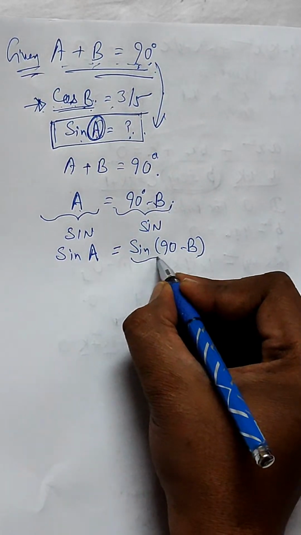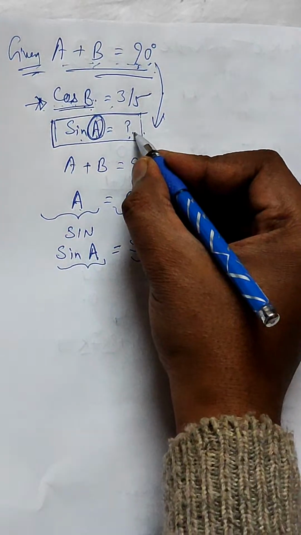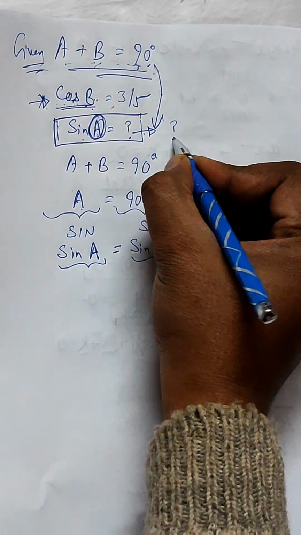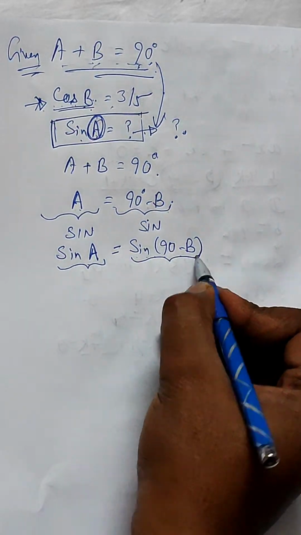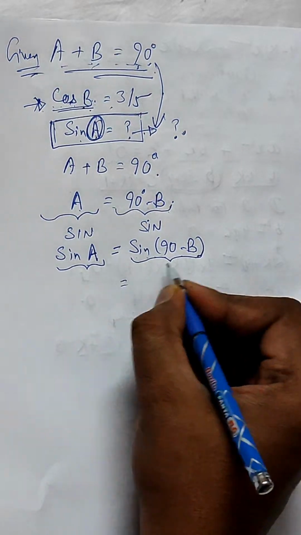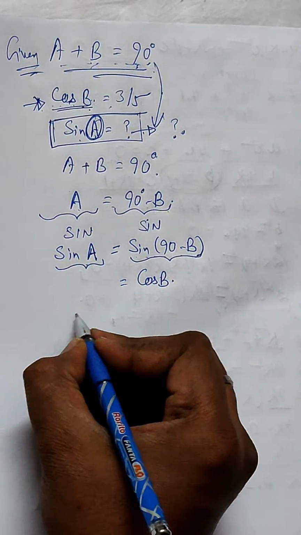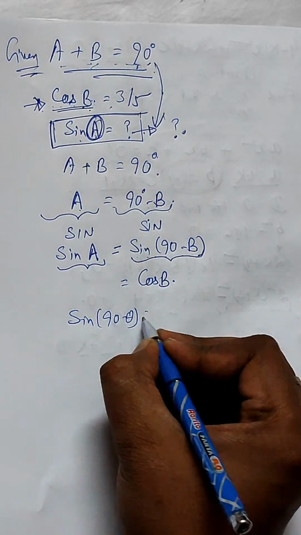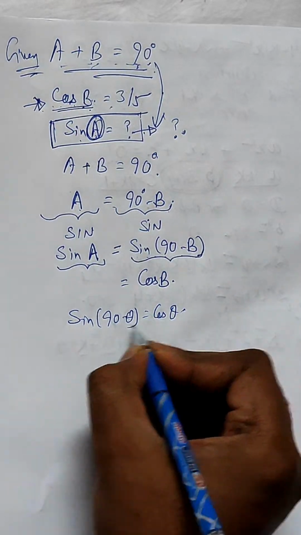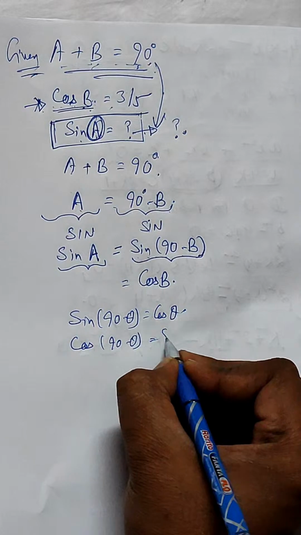And sine A is the same thing which we are willing to calculate. And what is the value of sine 90 minus B? So sine 90 minus B will be cos B, because we know that sine 90 minus theta is cos theta, or cos 90 minus theta is sine theta.